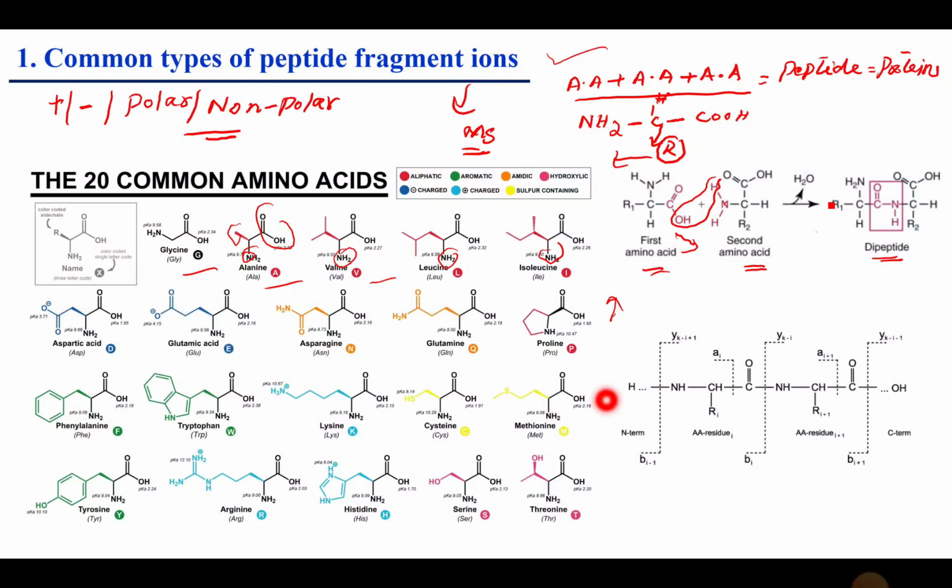Whenever we pass this long chain of amino acids through the mass spectrometer and deploy different types of energy, bond breakage at different positions is possible. So it means there would also be different types of fragment ions.